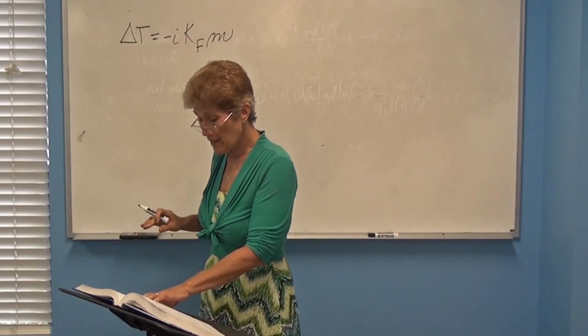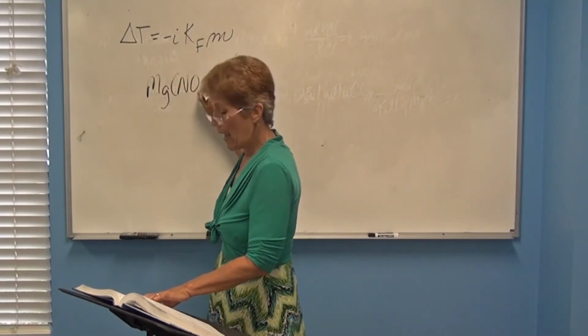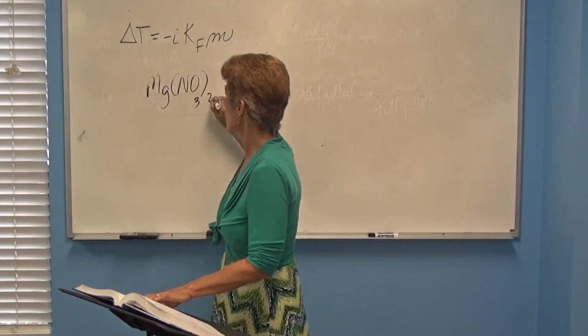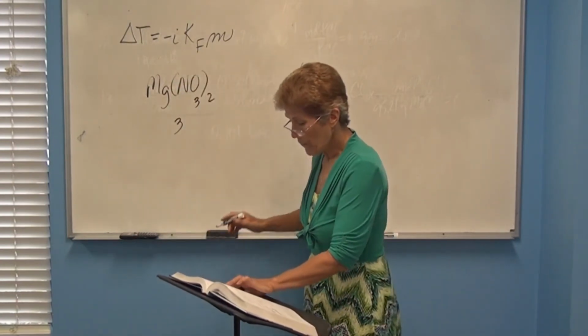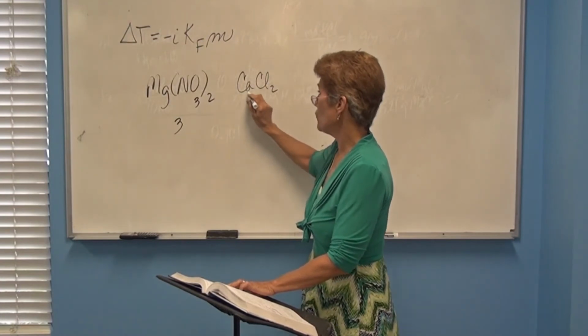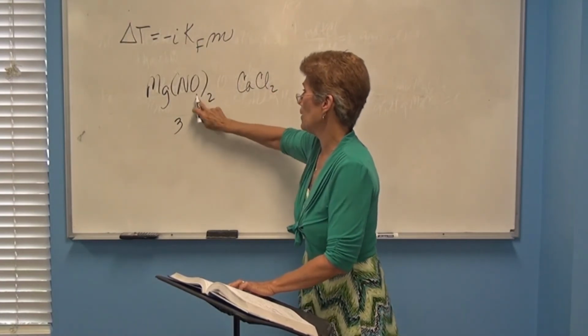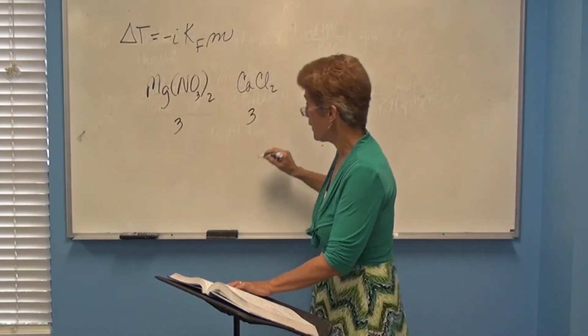The first, magnesium nitrate, is made up of one magnesium and two nitrates, so there's three ions represented here. The next one is made up of three ions also. One of those and two of these, that's also three ions.